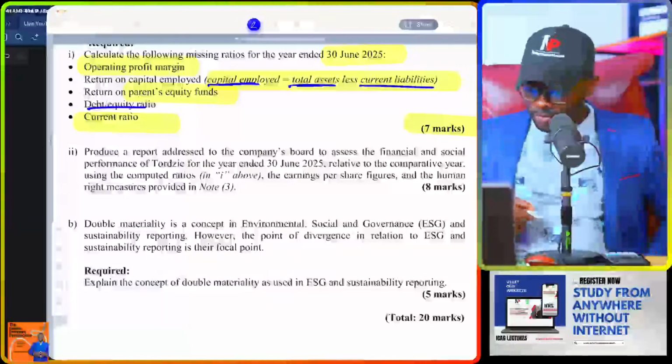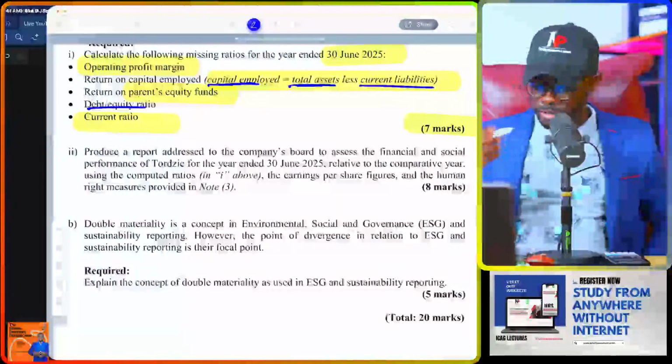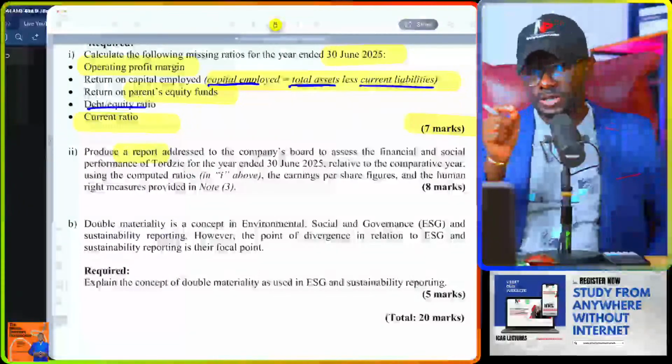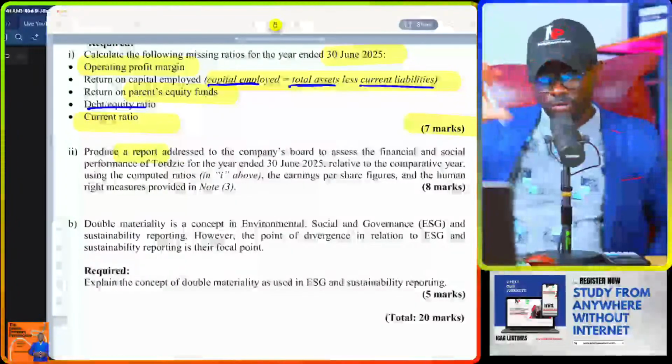Now, the II part of the question then says, produce a report. Again, the requirement is to prepare a report. A report. So pro forma is key.